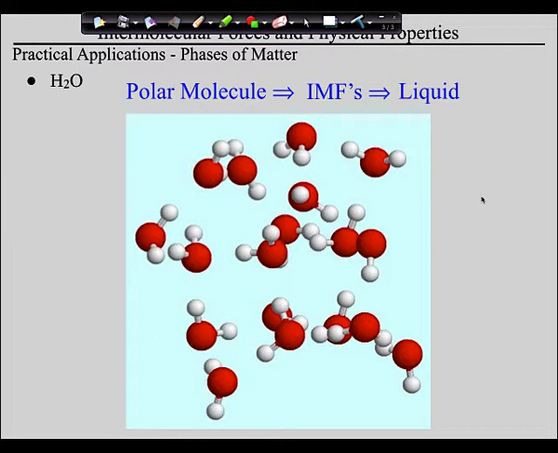If you go back in your notes, we said that the things we're going to talk about are phases and then volatility, boiling point, adhesion, and cohesion. But volatility, boiling point, adhesion, and cohesion are all properties of what? Liquids. That's why I chose two liquids.